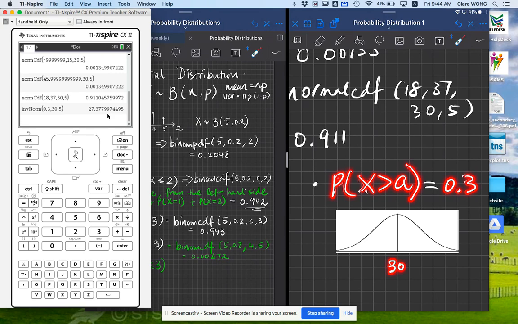If we know that it is 0.3 and is greater than value, a cannot be here. If a is here, plus this 0.5 is already exceed 0.3. So a must be somewhere here, bigger than 30, to have this probability of 0.3.